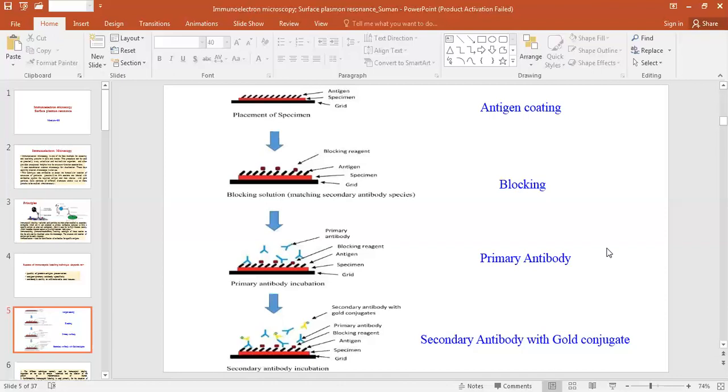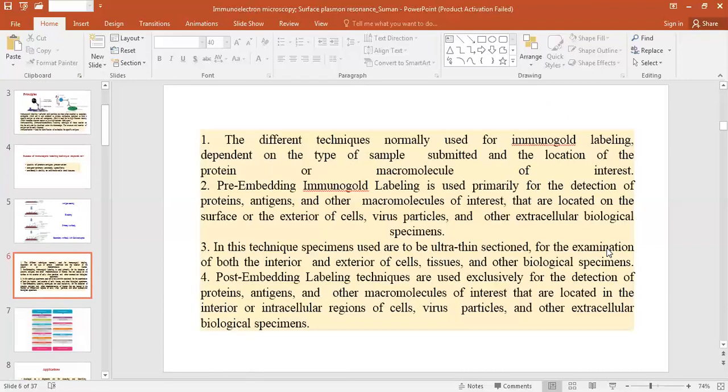The next step is adding a secondary antibody with gold conjugate. So here the labeling can be done by a pre-embedding or post-embedding process. So what are the pre-embedding and post-embedding processes? I'm coming to that.